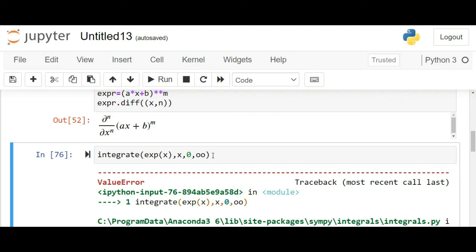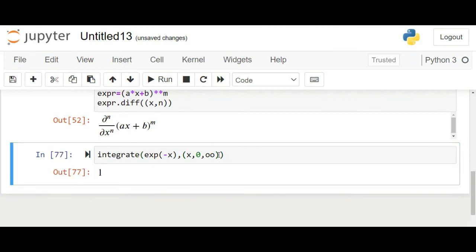Integration of exponential of, if you write minus x comma x, minus x, sorry, yes, the code was not correct. Here I should write this one, and here I should write, no, it should work, yes, this one.